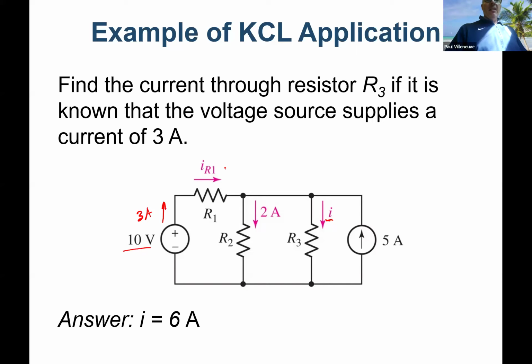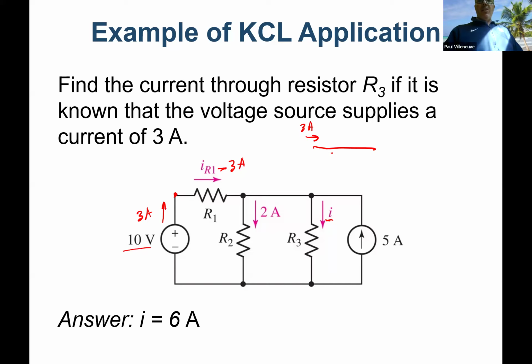Using KCL at this node, the sum of the current in equals the sum of the current out. The current into the node is 3, so the current out of the node has to be 3 as well. So the current out, IR1, equals 3 amps.